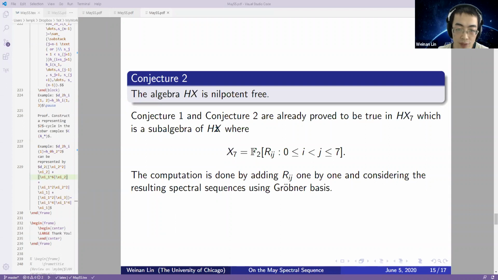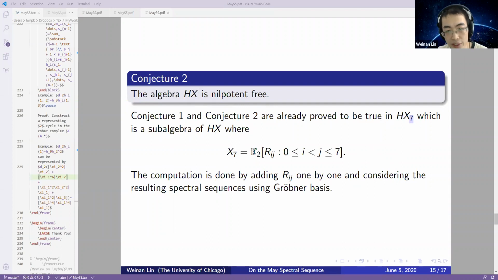this sub algebra of the E2 page of May turns out to be nilpotent free. So I would consider 7 already big enough that you believe it's true in general, that it is nilpotent free.